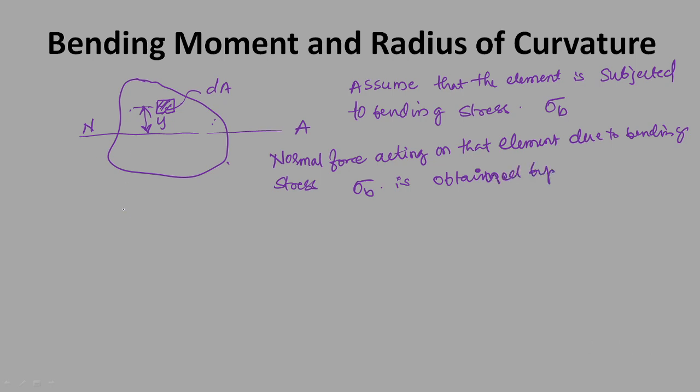How will we get the force? What is the relation? Stress sigma equal to F by A. Now you need to find out F. So F equal to what? Sigma into A. Is it right? Now let us take Fn as the normal force, sigma B is the bending stress, and dA is the elemental area. Let us note this as equation number 1.